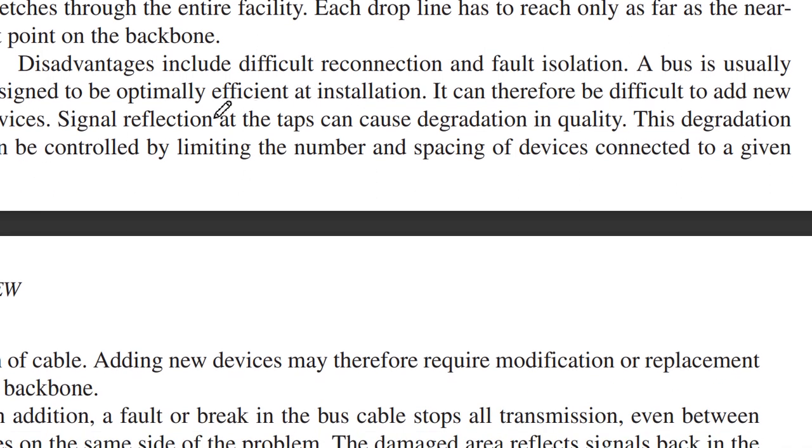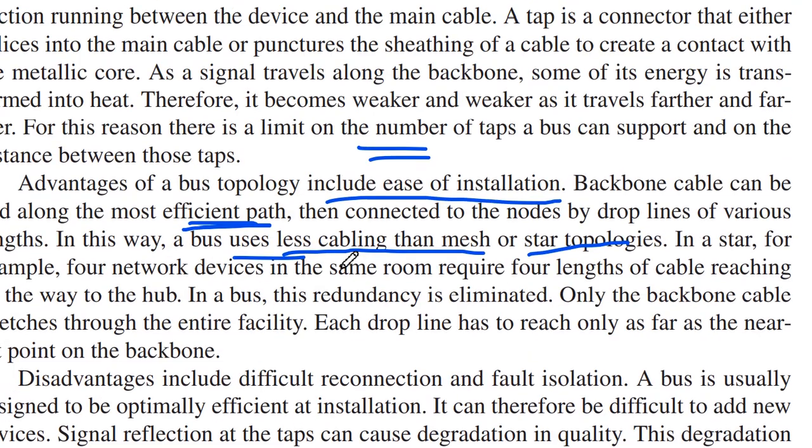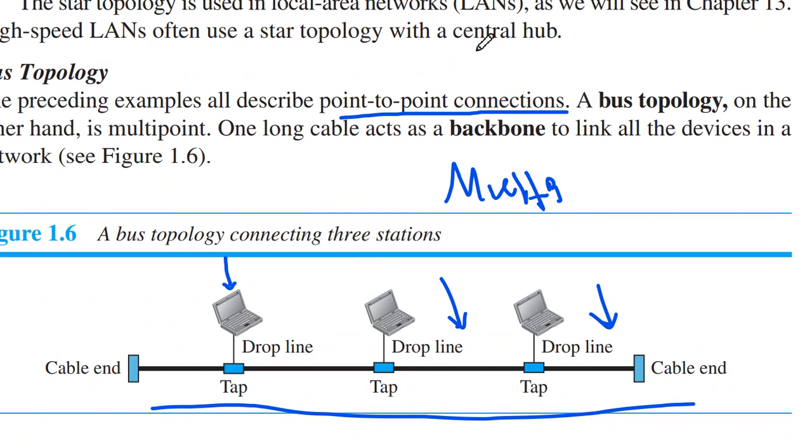And the disadvantage of the bus topology is that reconnection and fault isolation are very difficult. For example, here is a diagram. Say the third device has failed. All information is going from this end to the other end.